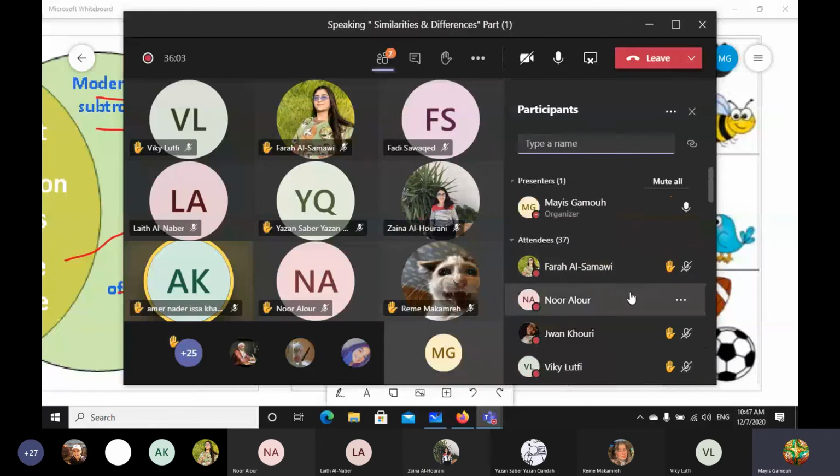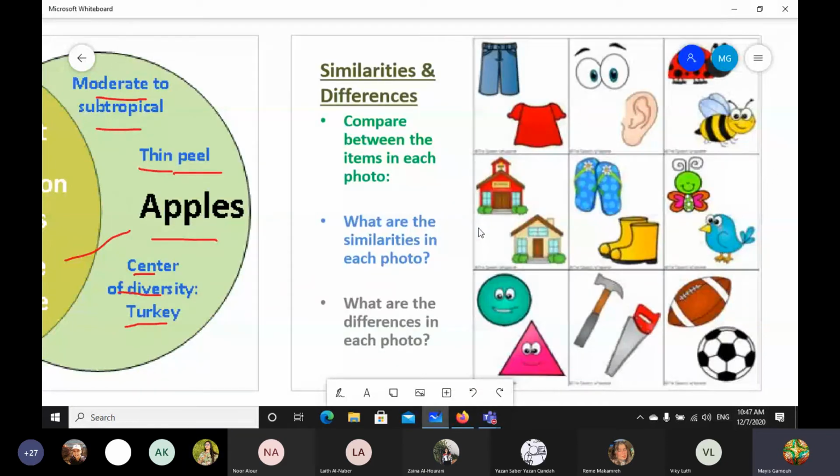Let's go to another student. Yalla, let's see here, Farah. Yes, teacher. I want to talk about the eighth picture, which is the tools. All right. They are both tools that a carpenter uses. But one of them is a hammer and the other one is used to cut the wood.